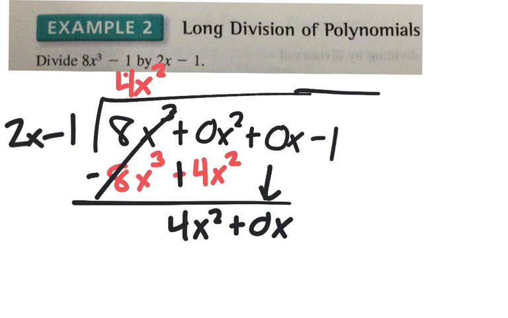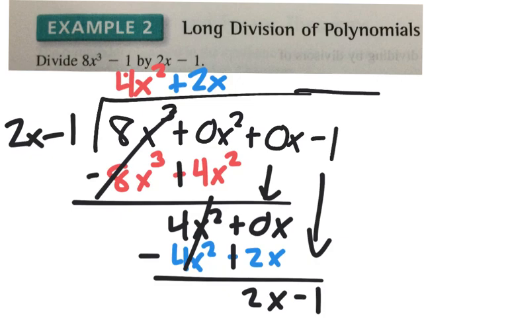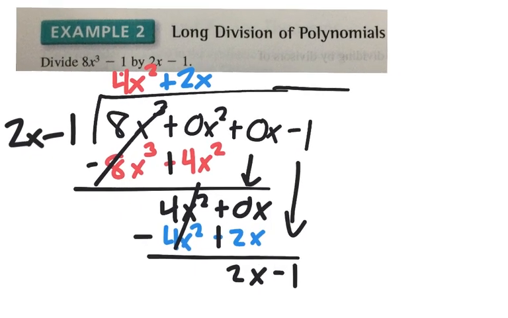Now same process again. I've got 2x. I want it to be 4x squared. So I'm going to multiply by 2x. 2x times 2x is 4x squared. 2x times negative 1 is negative 2x. And now I'm going to change the signs. This cancels, and I'm left with 2x. Bring down the minus 1.